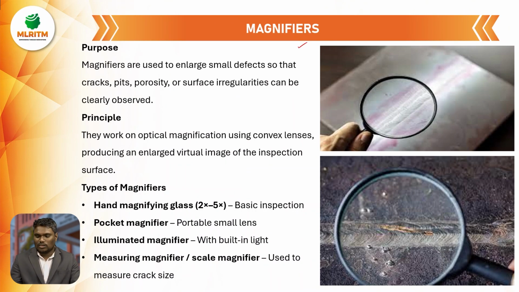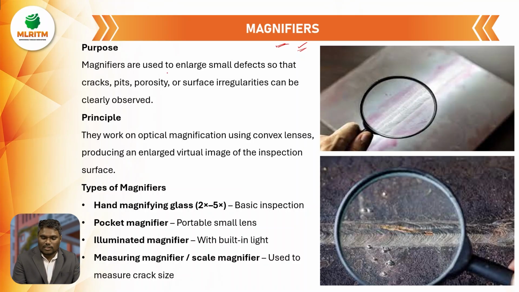So basically what are magnifiers? Magnifiers are for whatever area is not accessible, I mean not able to be visualized perfectly. By enlarging very small areas using a magnifier, they can be approached.